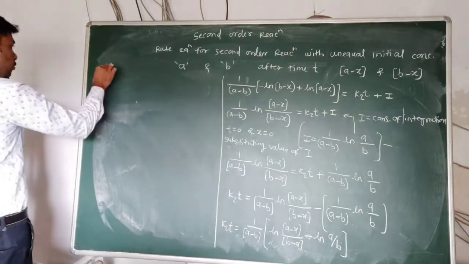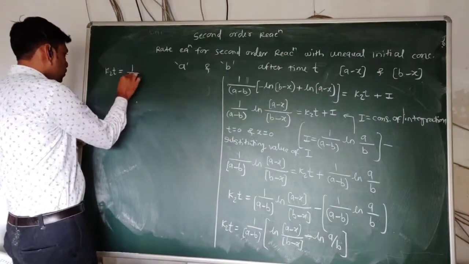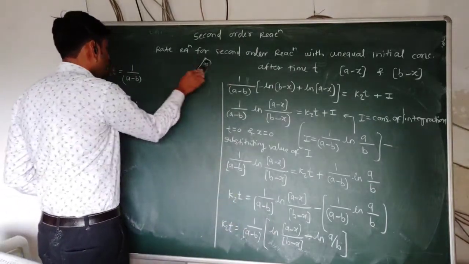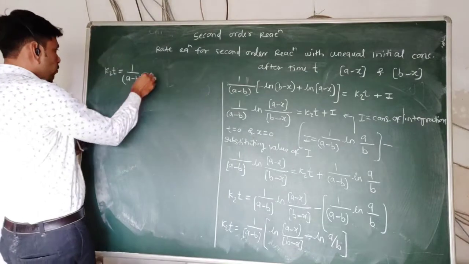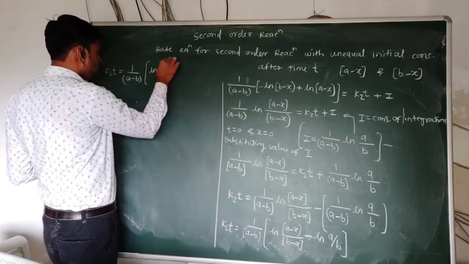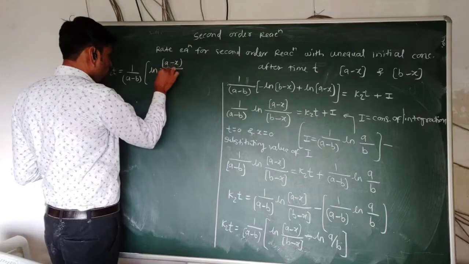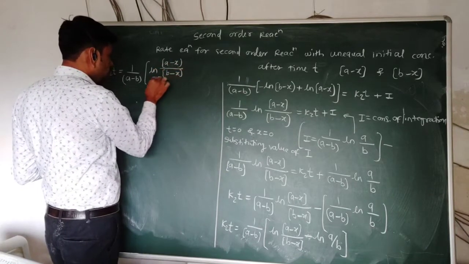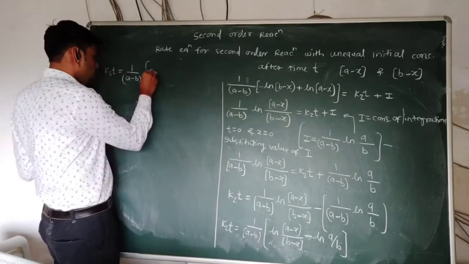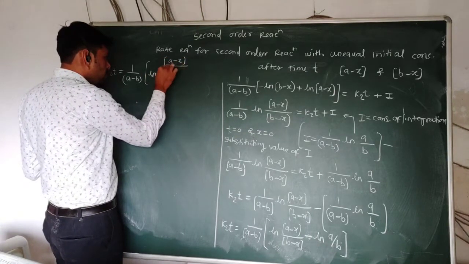So I'm writing the equation here: k2t equal to 1 upon a minus b, that common term we have taken, into, in bracket, ln (a minus x) upon (b minus x) divided by ln a upon b.